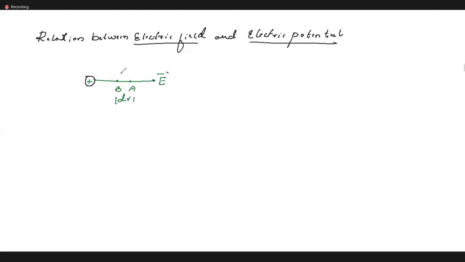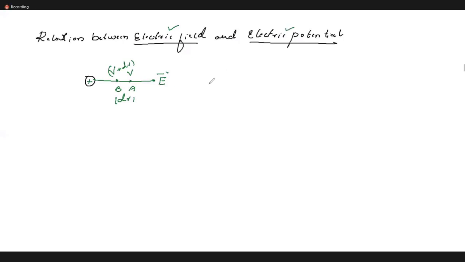If it is moving with some velocity v at a point, then it comes back to the same position B moving with v plus dv. Am I correct? Here the velocity is v plus dv. Now we want to see the difference. Let me show how the potential difference between the two points is related with your electric field as well as your electric potential.